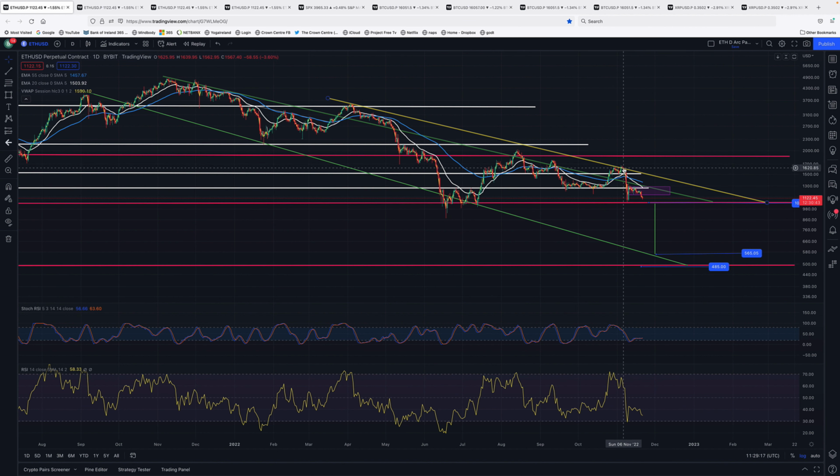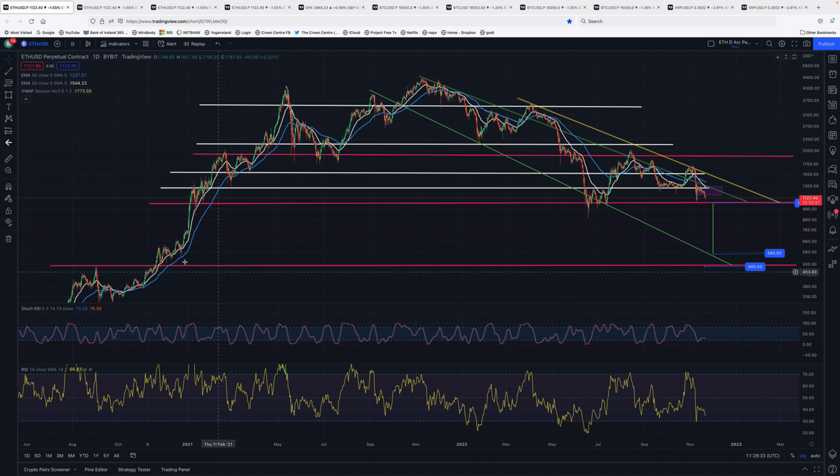It went up to the divergence line, got rejected, broke back into the wedge, and I believe that now the bottom line of the wedge is going to be the target, somewhere around 570. Let's be more generous. I have a third level at 480 in confluence with the previous support and resistance back in August 2020.